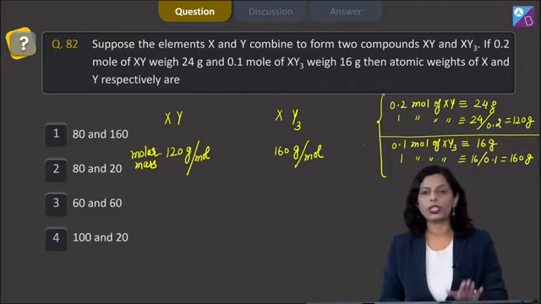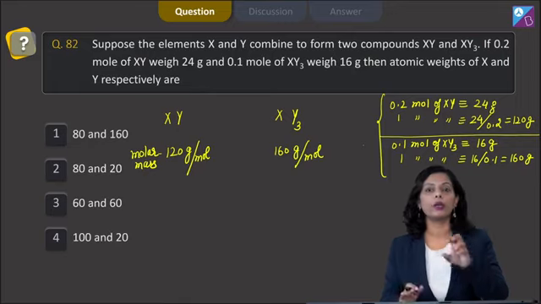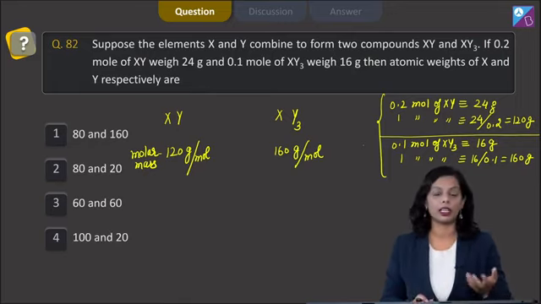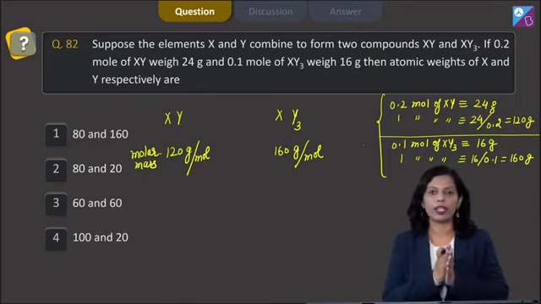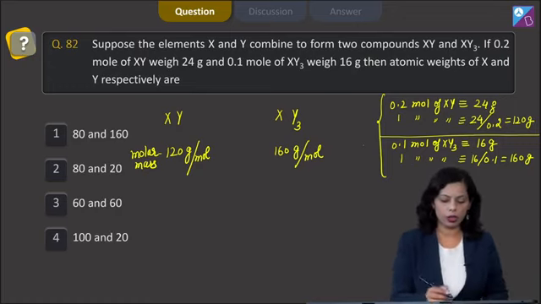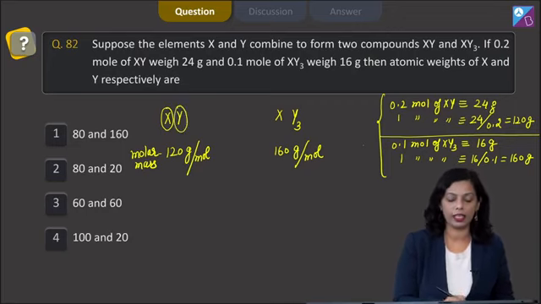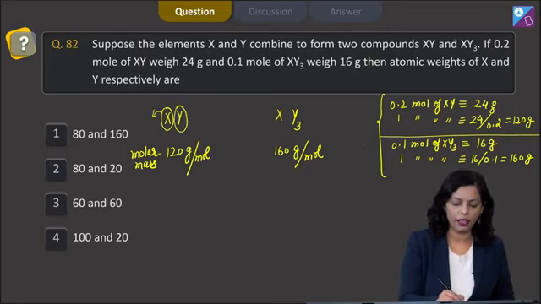Now just recall how we calculate the molecular mass, right? We check the atomic weights of the substances there, how many atoms are there, and on the basis of that we calculate. The same thing I'm going to do here also, right? I'm just assuming that X is the element, Y is the element, and their atomic masses are X and Y itself.